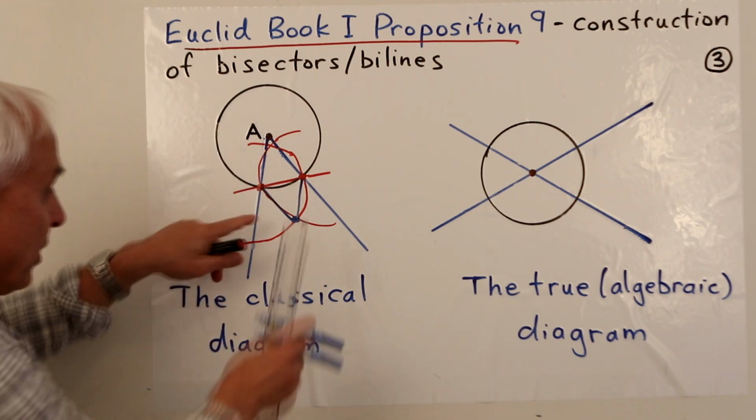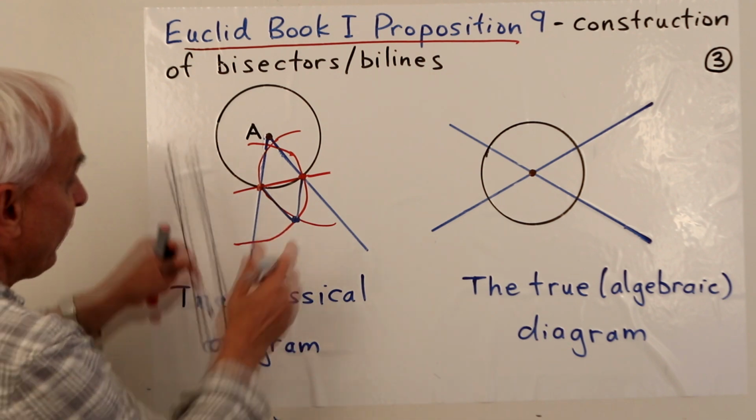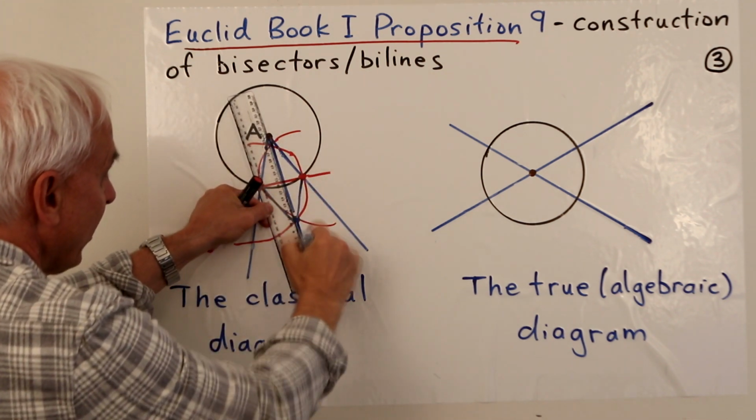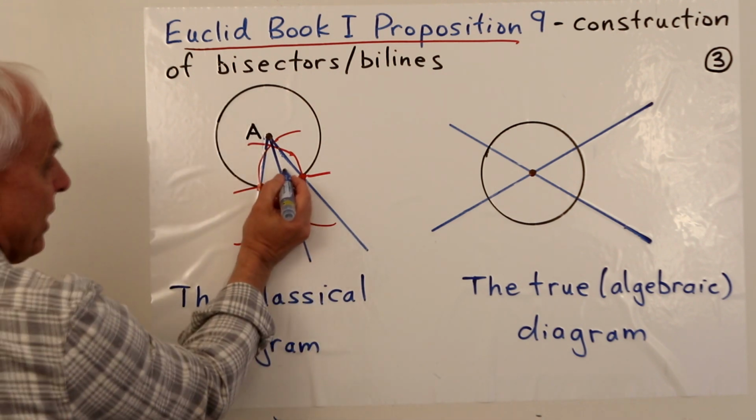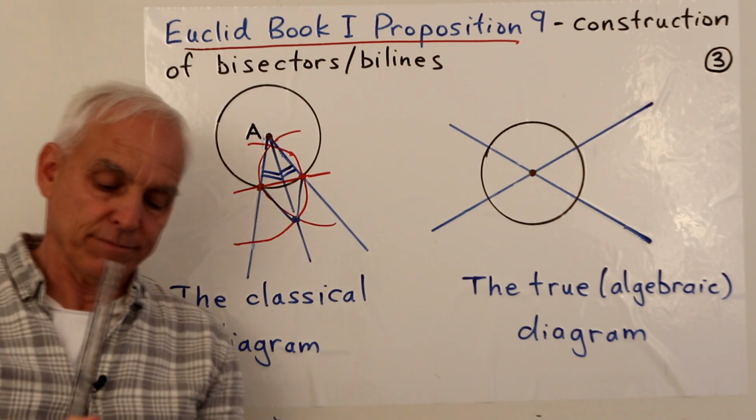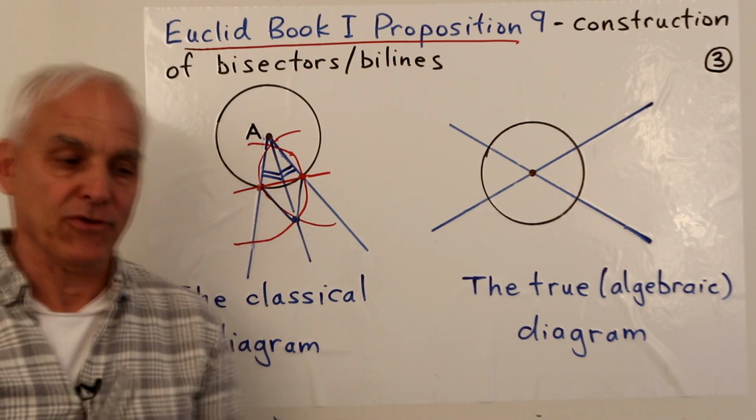Of course, if you can do that, then you can join this new point that we're creating here with the original vertex A, and then you get an angle bisector so that that spread is the same as that spread. Or if you're talking about angles, the angles are equal.